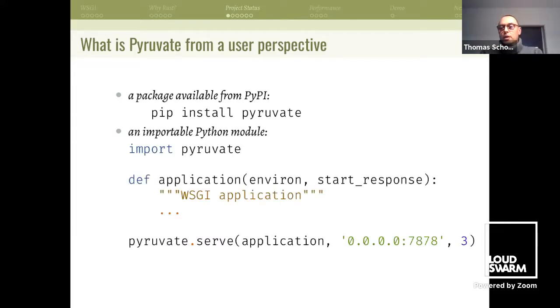So writing your WSGI application, you would import Pyruvate, then you define your application callable, and there's basically one single function that you can use from this module. It's called serve, and you pass in your application, you pass in a socket to use, and you have to mandatorily pass in the number of workers that you want.